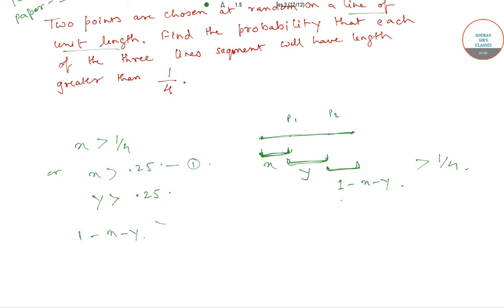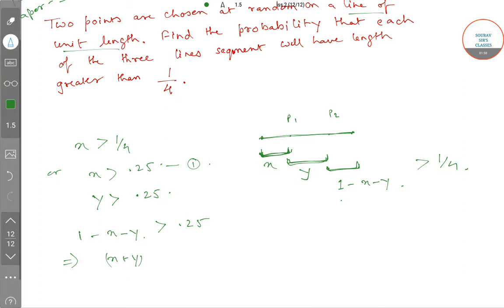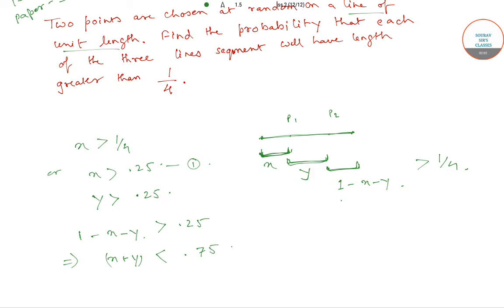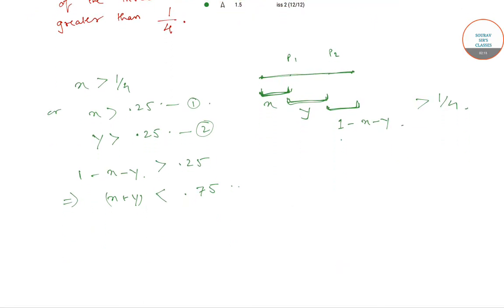This part should also be greater than 0.25. So this would imply that x plus y should be less than 0.75. So x should be greater than 0.25, y should be greater than 0.25, and x plus y should be less than 0.75. So these are the 3 equations.